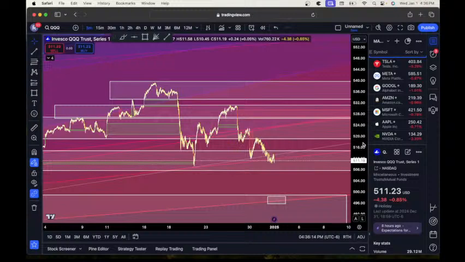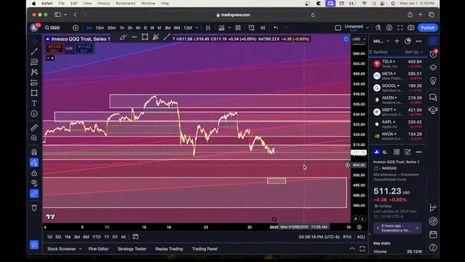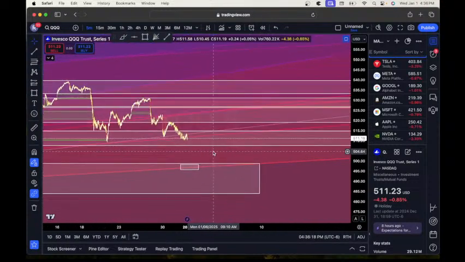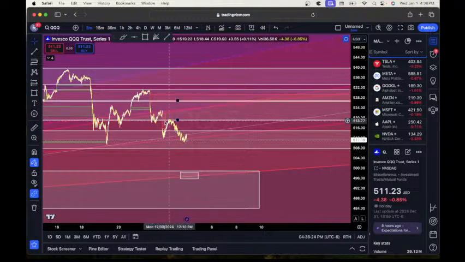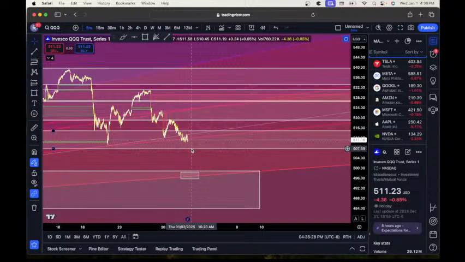So far, if we are going off of the data that we just collected, we could go down even further to about 507. And if we break below that 507 level, we could see a sell-off down to a 489.90, which kind of lines up with my support here.